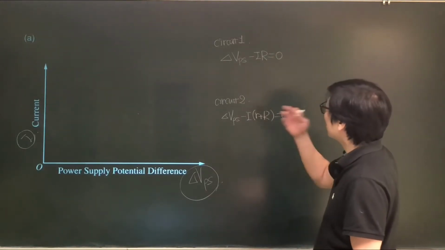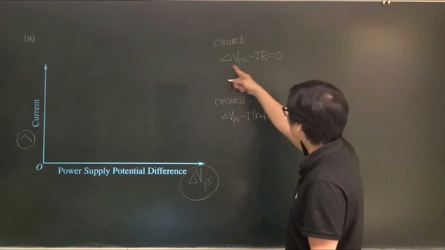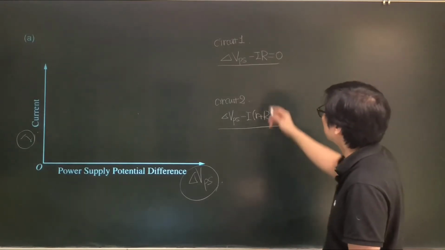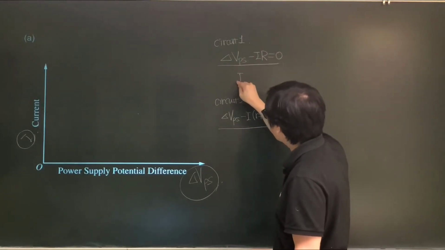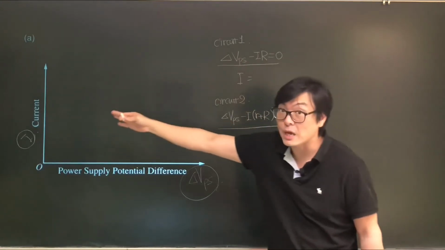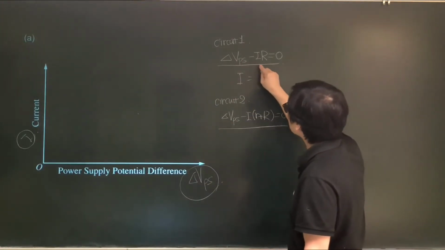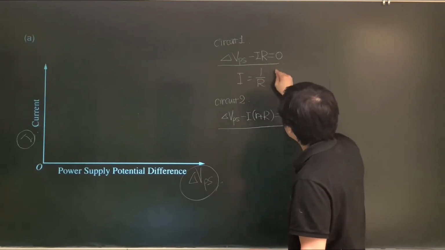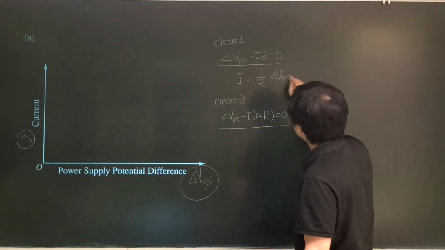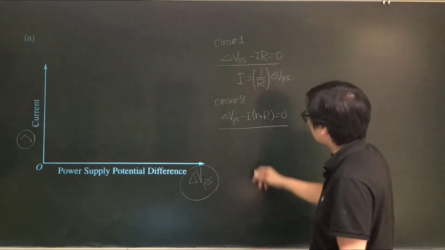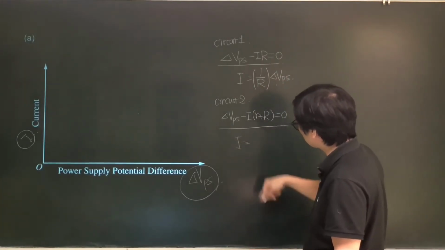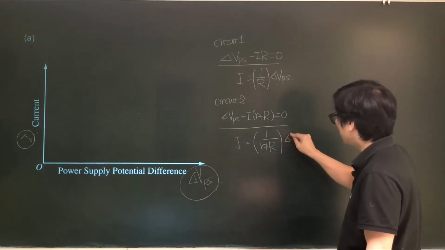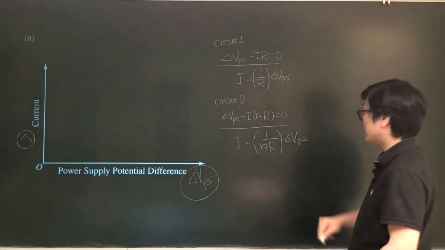Okay, so here we need to isolate I. These are the equations that we found from question B on the previous slide. We have to isolate I because I is the dependent variable. So I is equal to 1 over R times delta VPS for circuit 1, and I is equal to 1 over (R plus r) times delta VPS for circuit 2.